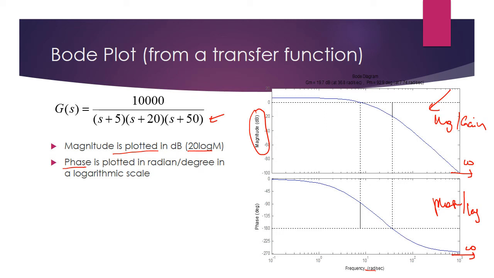As the pulsation increases, here is 1, here is 10, here is 100, and here we have 1000, because it is a logarithmic scale. As the frequency increases, we plot the gain. These are the values that you have calculated, and we plot the phase. The gain is in decibels, the phase here is in degrees. So here we have the final plot of the Bode plot of this particular system, right?